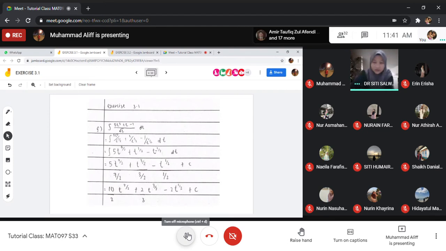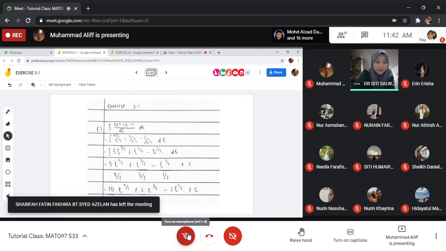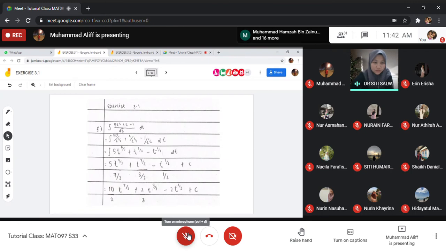Okay, thank you. Safwatul. Okay, so you punya the original equation you do, actually you divide kan, so you ada quotient kat situ. Okay, so everything dekat numerator you divide dengan square root t, okay, and then you minus lah t to the power of 3 minus half, and then yang the second term tu 1 minus half kan.